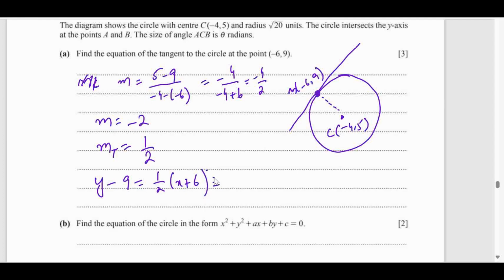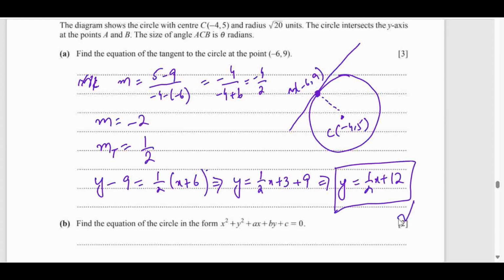Now if we simplify it further, there will be y is equal to 1/2 (x plus 6) plus 9, so finally we will have the equation y equals 1/2 x plus 12. So this will be the final answer. I hope that the concept is clear. Let's move to the second part.